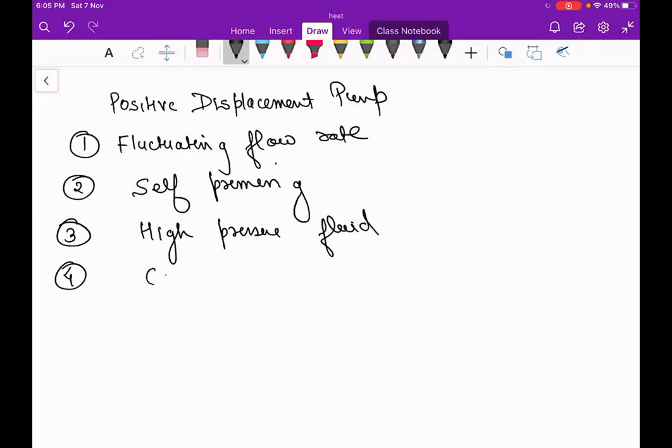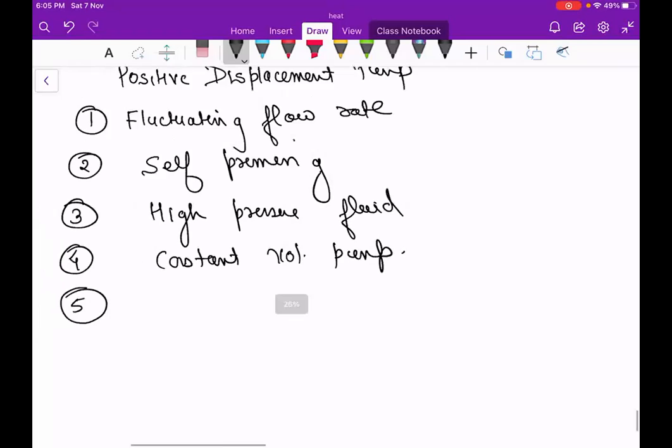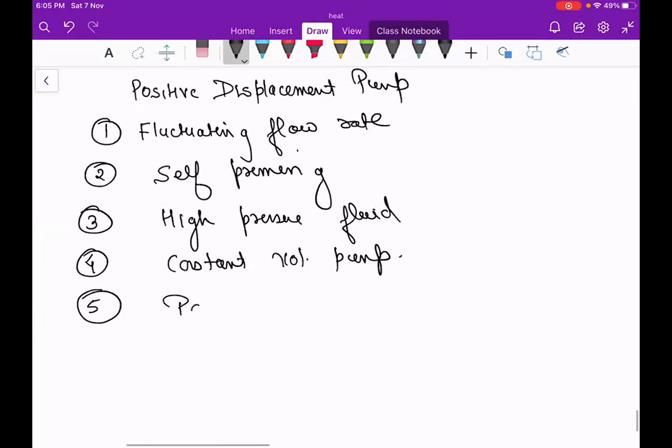Fourth, it is known as a constant volume pump. And fifth, it is used most of the time in packed bed and dosing. So these are the five important points: fluctuating flow rate, self-priming, high pressure fluid, constant volume pump, and packed bed and dosing.